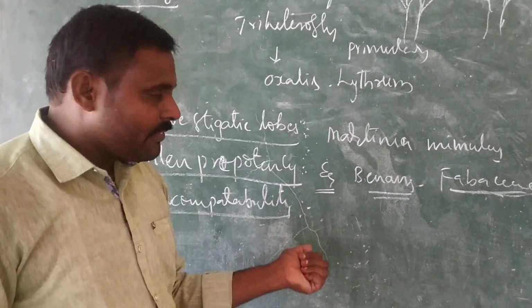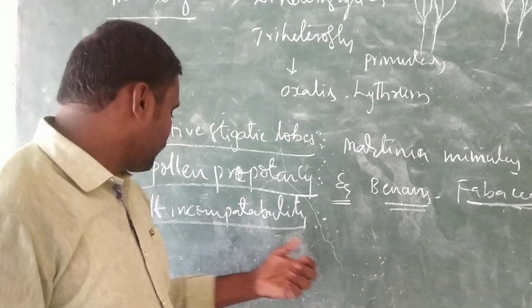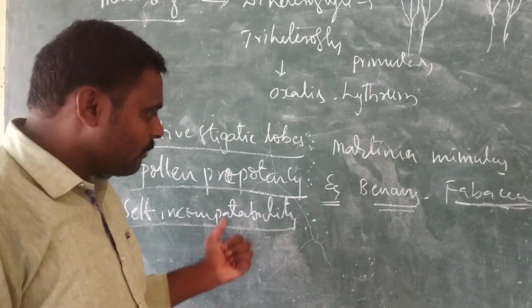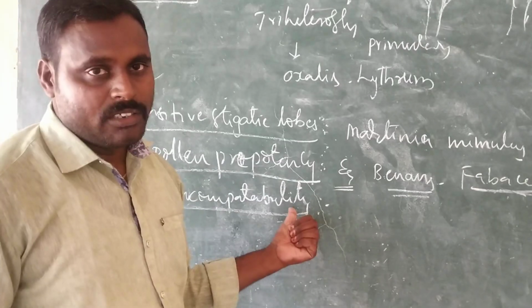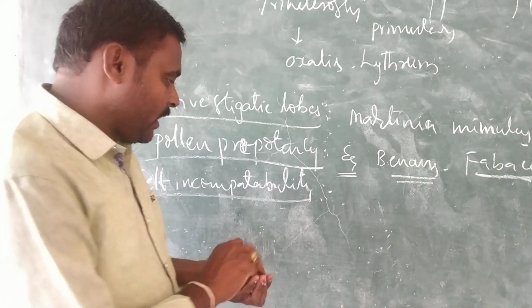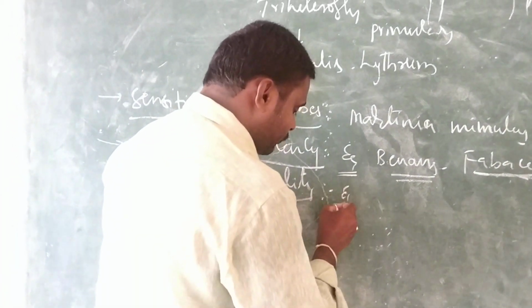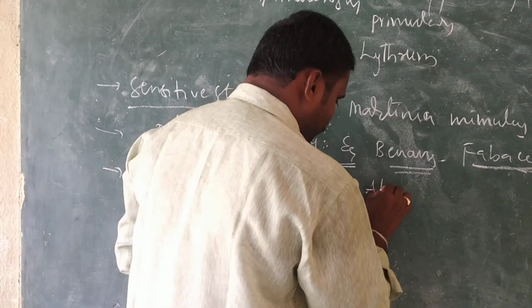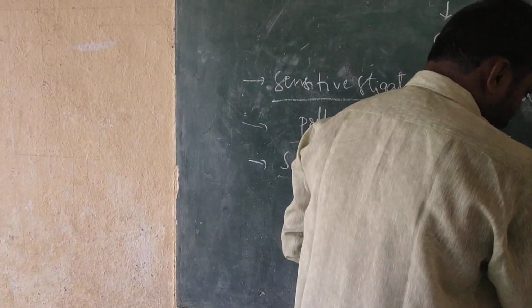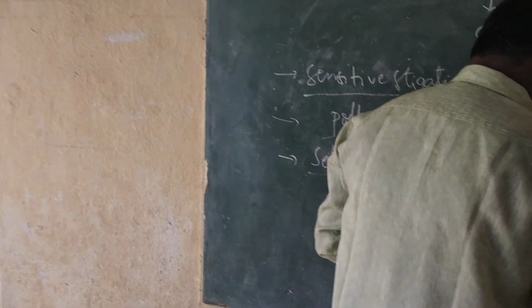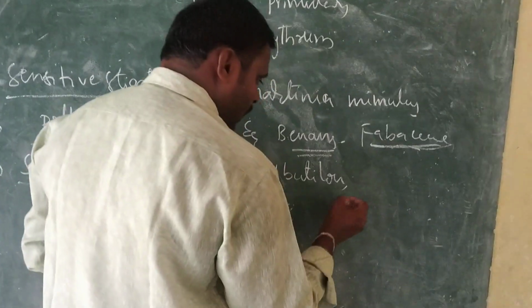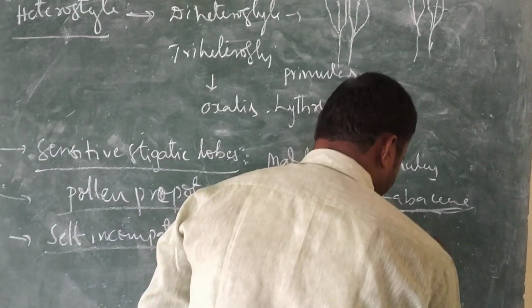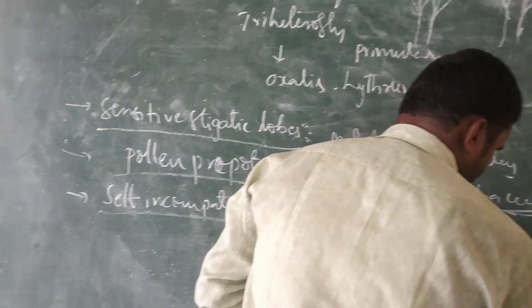As a result, it prevents fertilization. Hence, it is called self-incompatibility. Examples for this: Abutilon, Passiflora, etc.